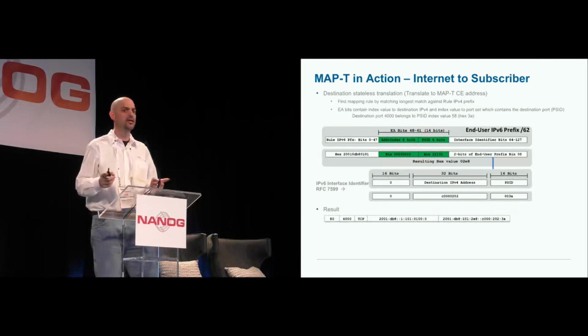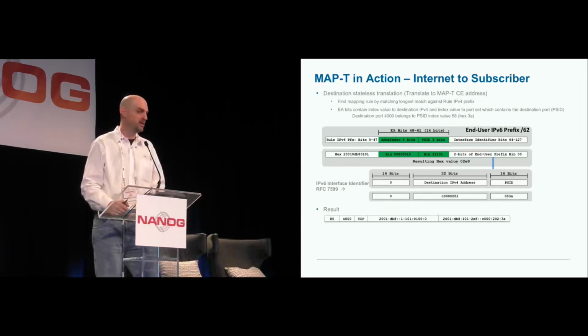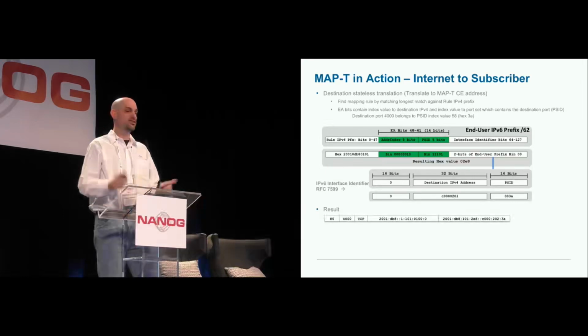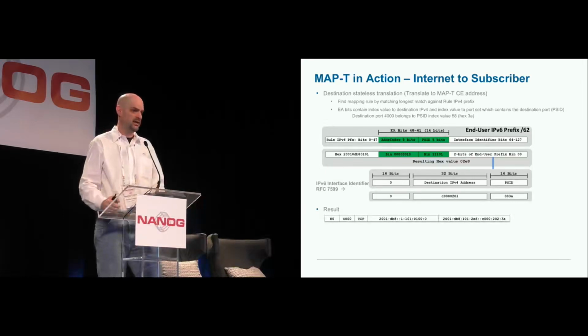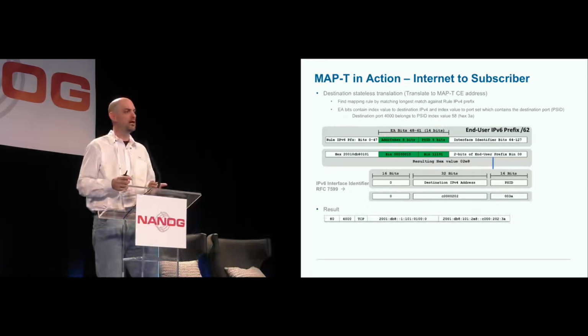And the next thing we do is we analyze and populate the bits, the EA bits. So the first thing, as I mentioned before, our EA bit allocation is 14 bits. We know that 8 bits of it is for the subscriber rule IPv4 prefix. Why do we know that?